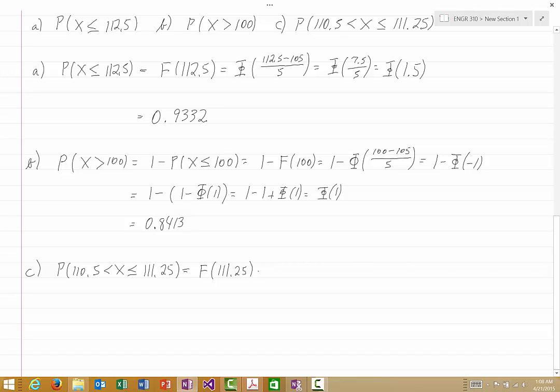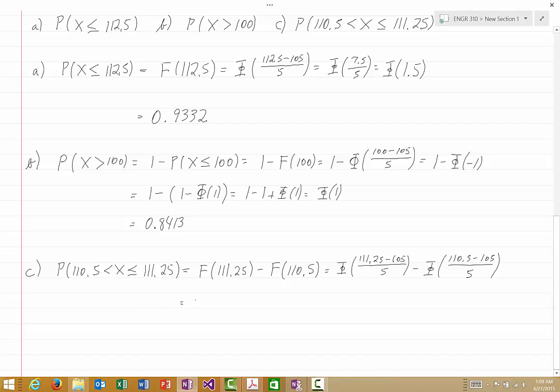Okay, well, this is simply equal to capital F of 111.25 minus capital F of 110.5, which will be phi of (111.25 minus 105) over 5 minus phi of (110.5 minus 105) over 5.